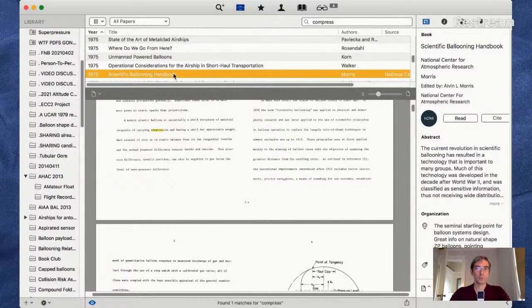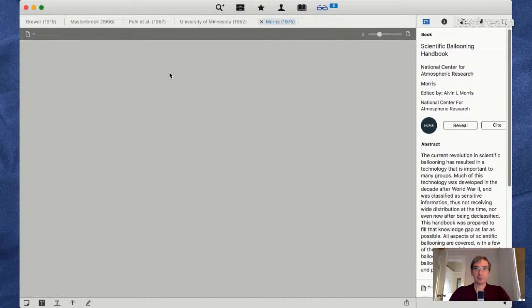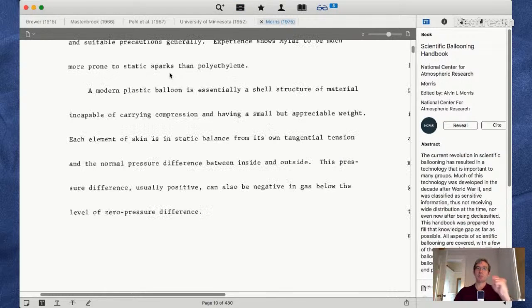The old handbook. Let's take a look. This one's big and deep and broad in its applications. Oh, I forgot these pages are side by side. I hate that. And triple spaced.